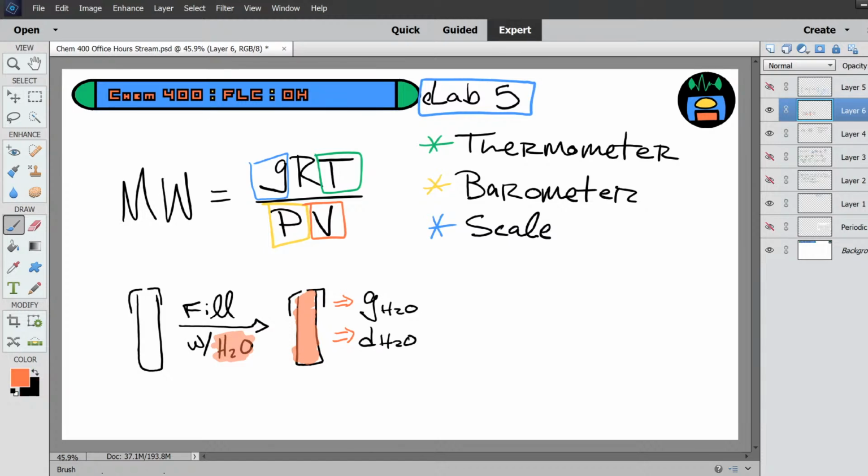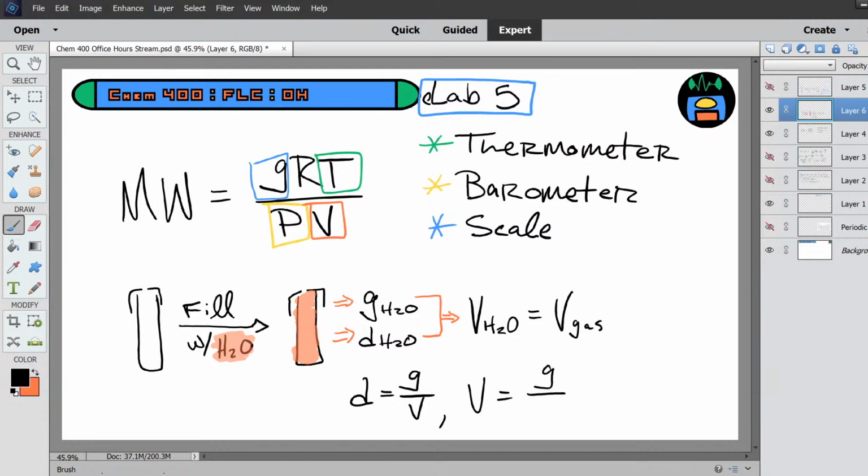And with these two things, you can find the volume of water. And here's the beauty: water is occupying the same volume that your gas occupied when you vaporized your volatile liquid. So the way you get your volume, because again, remember density is grams over volume. So volume is equal to grams over density.